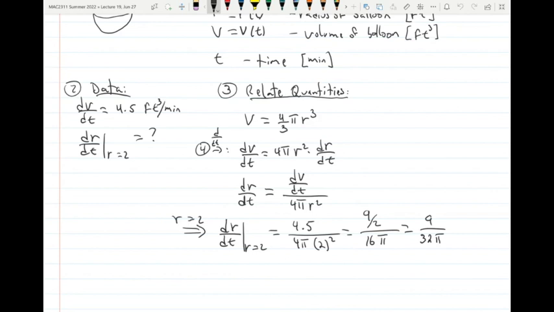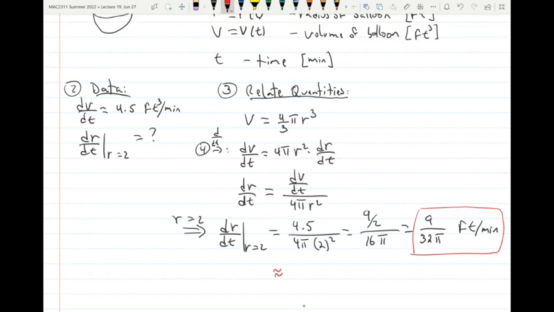And what are the units? What are the units? Feet per minute. So this is dr dt, so the units are feet per minute. Okay. Now, if you want to get an idea of what this is, just do 32 times pi, and then do 9 divided by that.